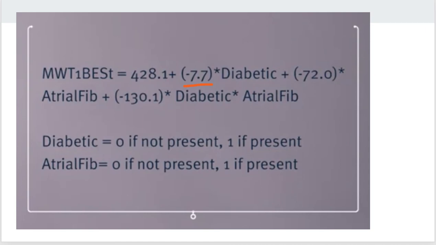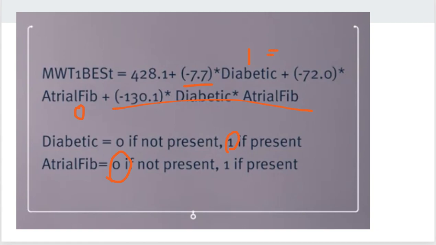If I want to estimate the average walking distance for a person who has diabetes but no atrial fib, then diabetes is going to equal 1, and atrial fib equals 0. Then I can put it back into my equation. Because atrial fib equals 0, this part equals 0, and this part equals 0 as well. However, diabetes equals 1.